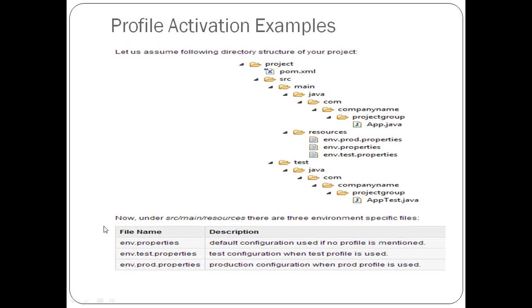Generally, developers will write code to load a specific property file, suppose an env properties file. Let's assume these environment properties files hold database details.